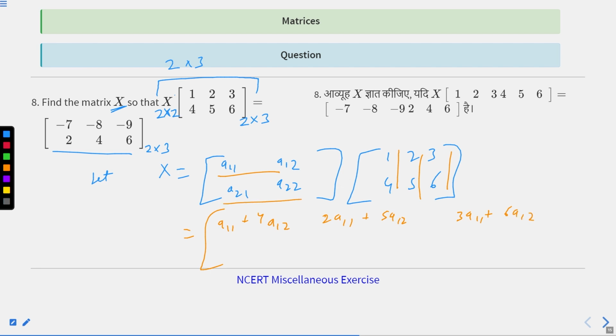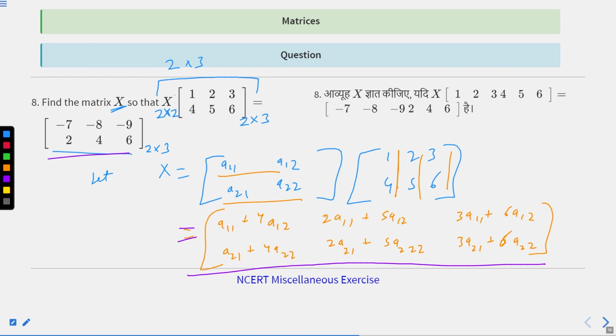Now we multiply the second row: a21 plus 4a22, 2a21 plus 5a22, sorry, and 3a21 plus 6a22.